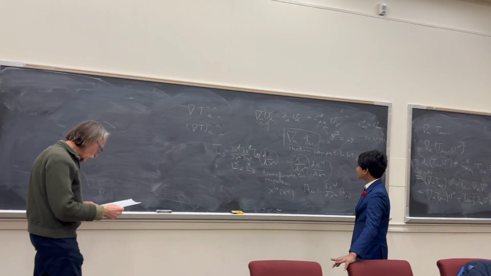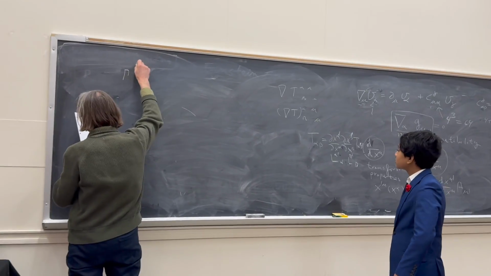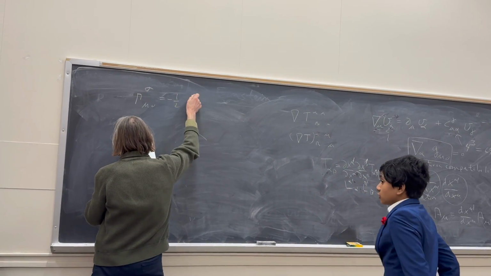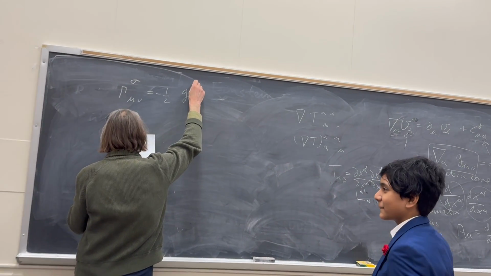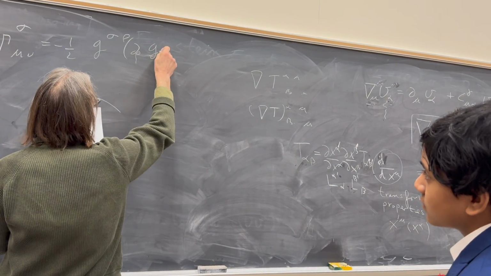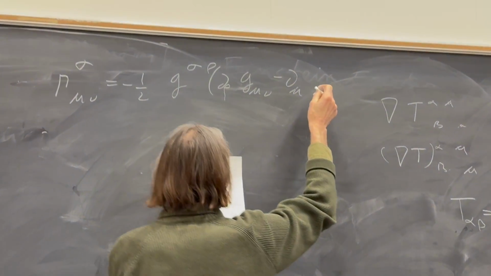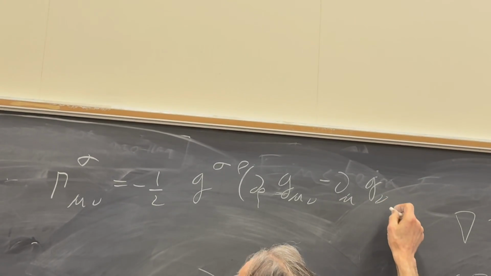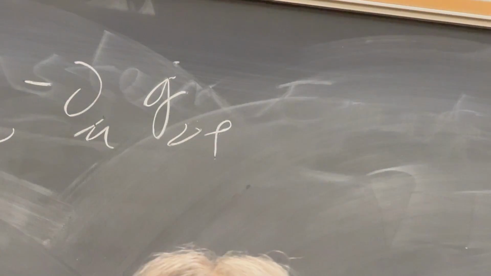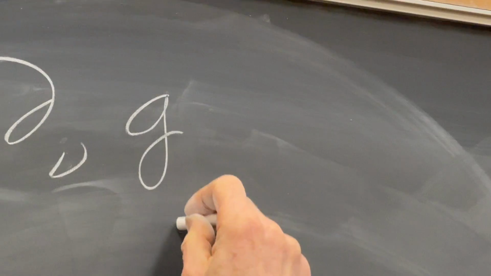So what you can show is the following, that gamma sigma mu nu is minus a half g sigma rho of d rho g mu nu minus d mu g nu rho minus d nu g rho mu.